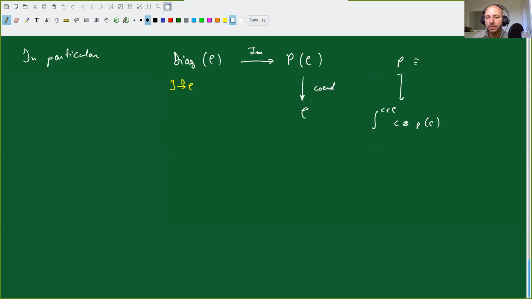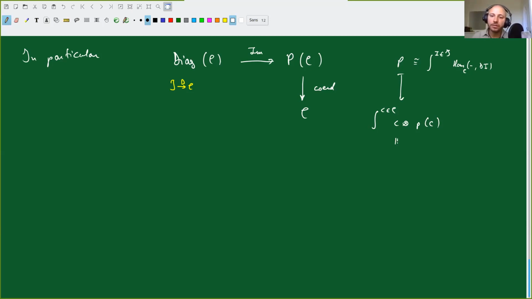So this is the colimit. Let me write it again as a coend of not quite D of I, but hom in C of this, the free colimit of this. Okay?